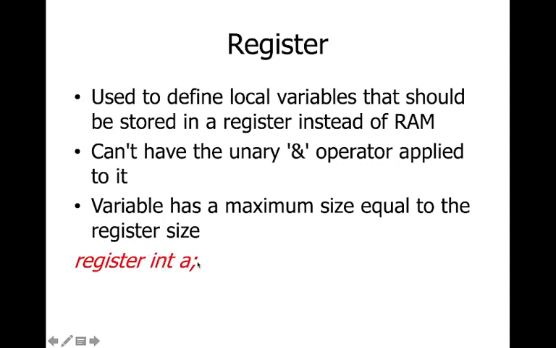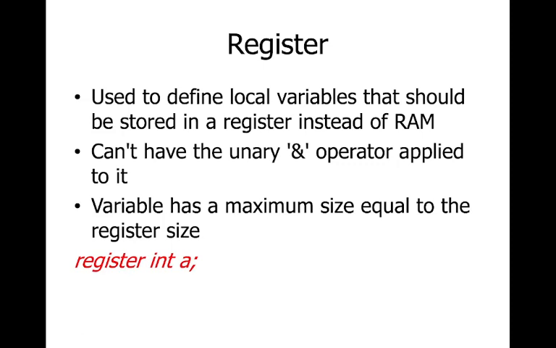So instead of declaring int a, we have to use the keyword register int a. This means this a is an integer variable and it should be stored in a register. It should not be stored in RAM. One more thing to note is, even though we declare like this, it may not be stored in the register. It may sometimes be stored in the memory itself. It depends on the computer. The computer has the power to decide whether it should be stored in the register or main memory.